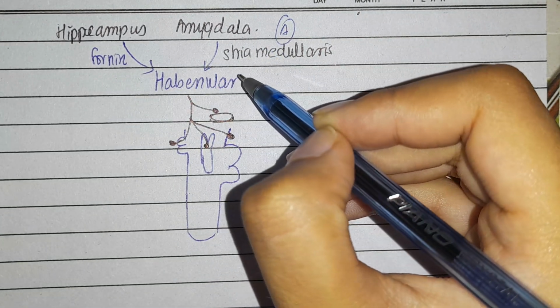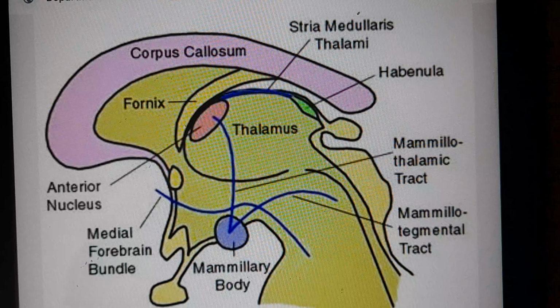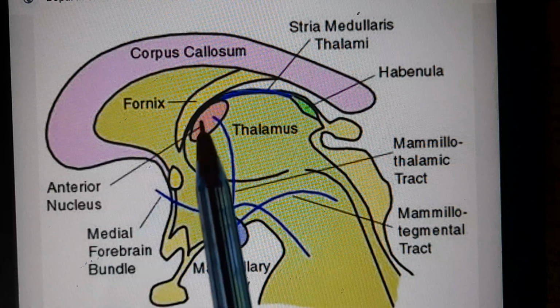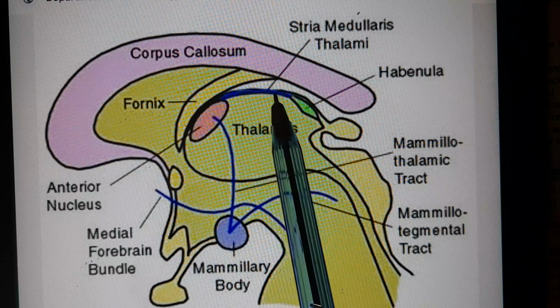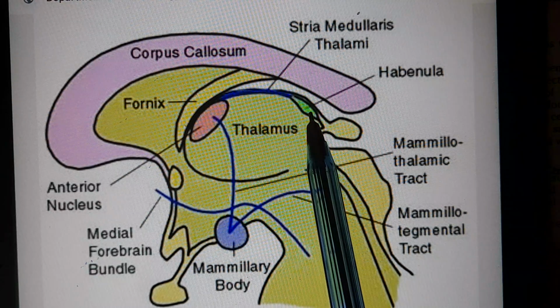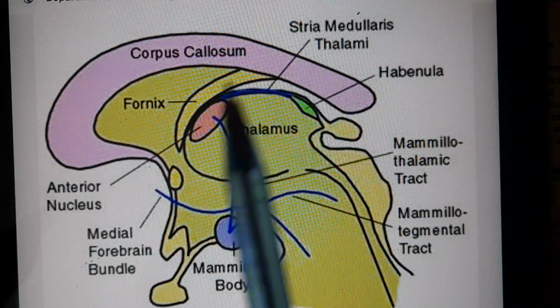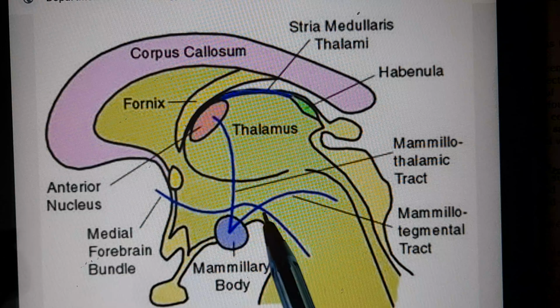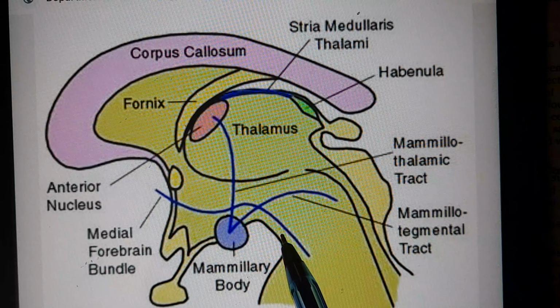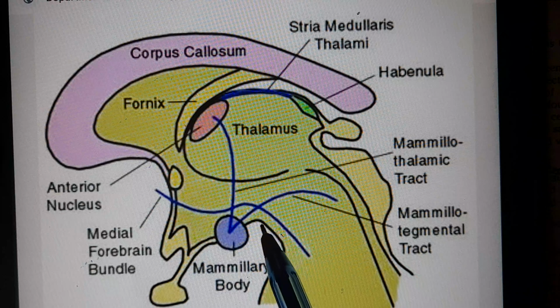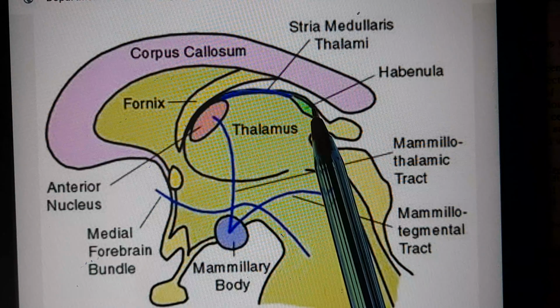Let me show that to you. I told you that from the amygdala the fibers travel through the stria medullaris thalami to reach the habenular nucleus. The hippocampus is located inferiorly, so from the hippocampus the fibers travel through the lower portions of the fornix to reach the habenular nucleus.